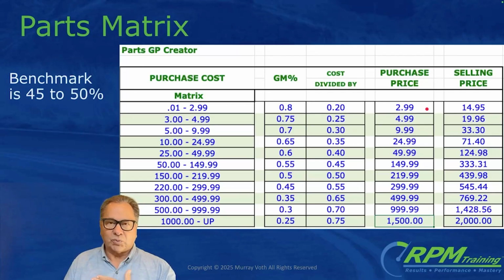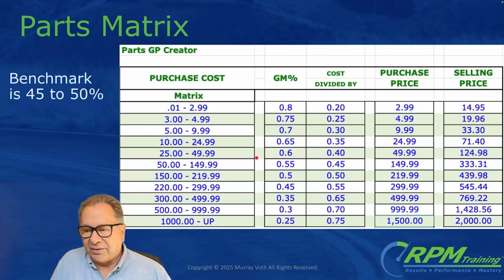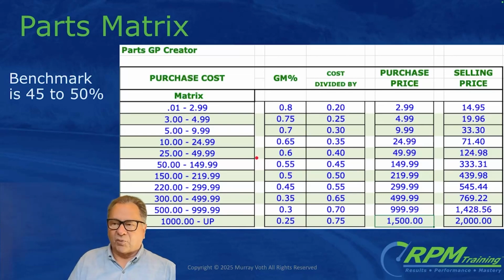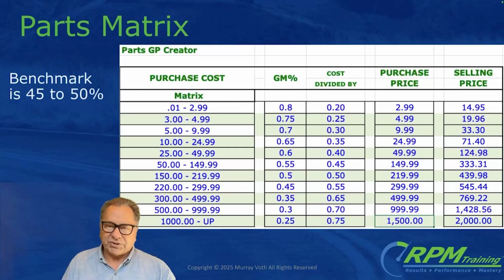So roughly around $12 is our gross profit, which is the 80%. Lots of little things can go through that we can charge for. And then again, as things go up in cost, the margin goes down. The idea being that if you blend everything through here, you should end up with that 47 to 50% gross profit margin when you use a matrix like this.